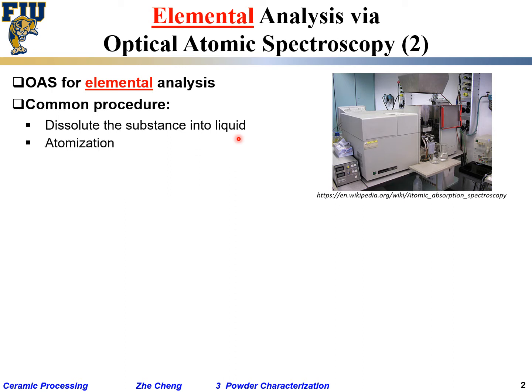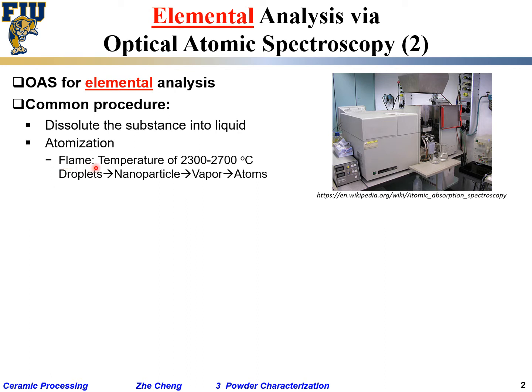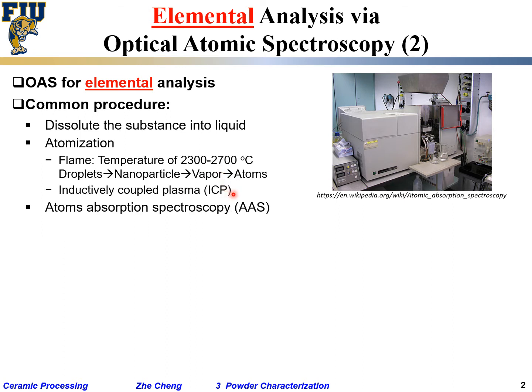Then comes so-called atomization, generating small droplets. You can use flame, very high temperature, taking droplets to nanoparticles to vapor to essentially atoms. And you can use plasma to do the same thing.